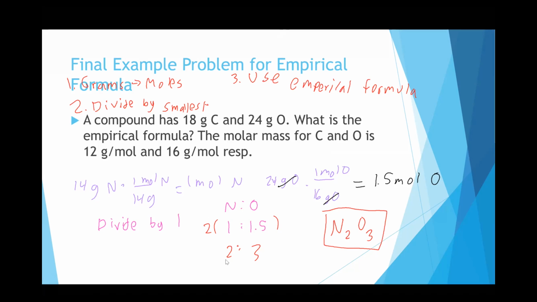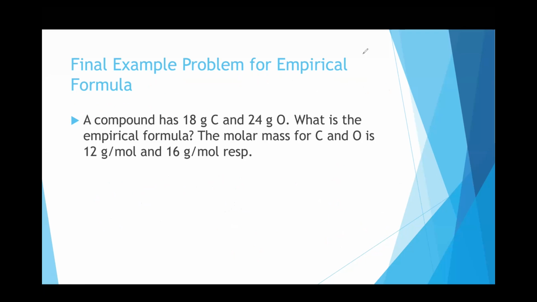So I have one last problem today on this, and it's similar. A compound has 18 grams of carbon and 24 grams of oxygen. What is the empirical formula? And the molar mass is 12 and 16 respectively. So I'll give you 1.5 minutes to think.